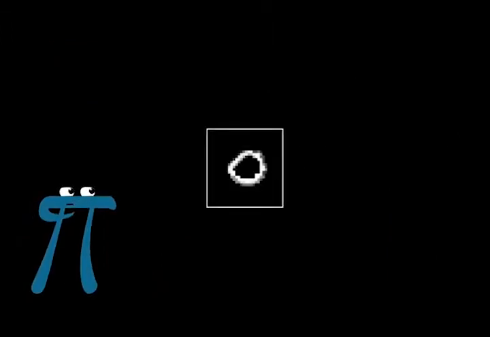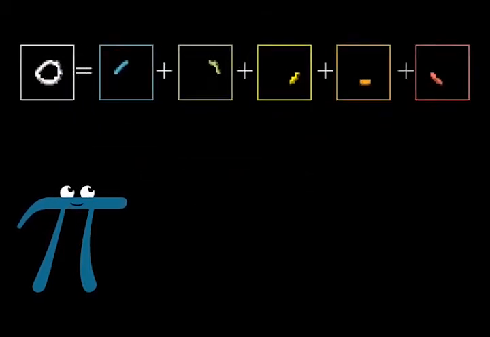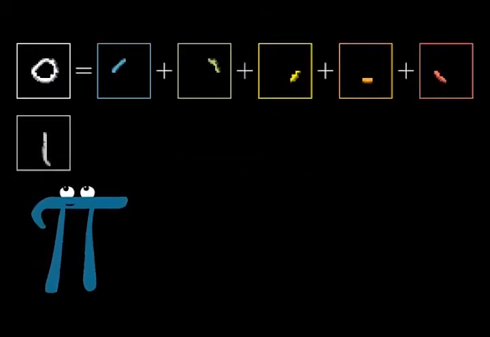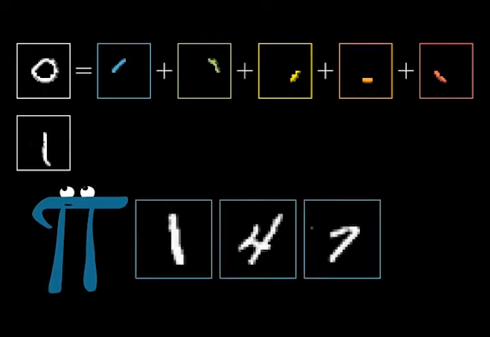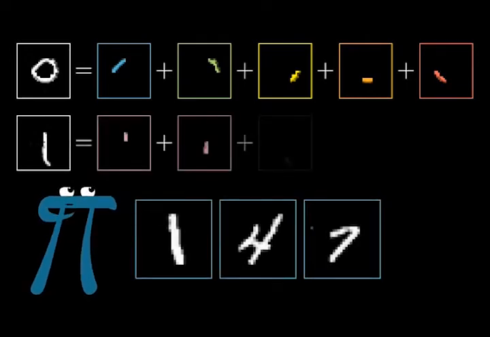And I still haven't even talked about how one layer influences the next, but run with me on this one for a moment. Recognizing a loop can also break down into subproblems. One reasonable way to do this would be to first recognize the various little edges that make it up. Similarly, a long line, like the kind you might see in the digits 1 or 4 or 7, well, that's really just a long edge, or maybe you think of it as a certain pattern of several smaller edges.